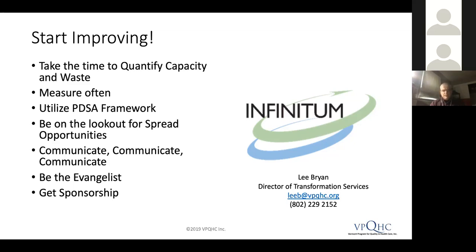And the last point is one that I revealed earlier on. Get sponsorship for it. If there's something that is going to be significant change, you're going to need that sponsorship from the upper levels to be able to ostensibly give you the authority for it, but for many other reasons also. So those would be my recommendations.